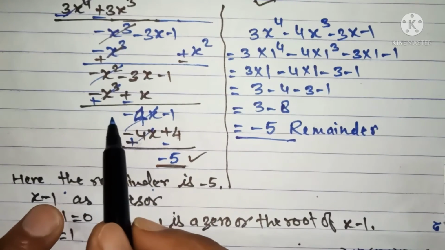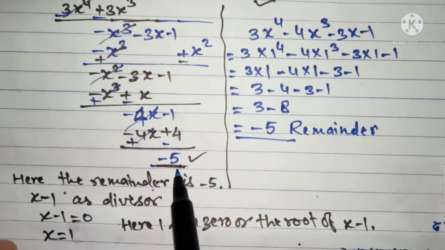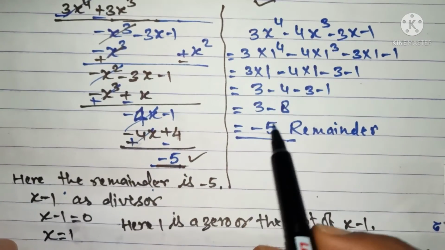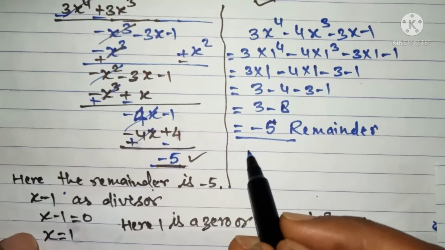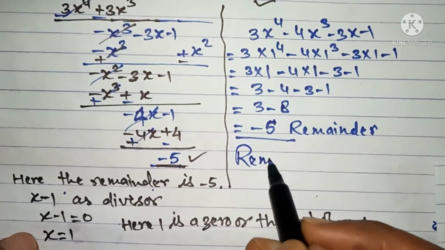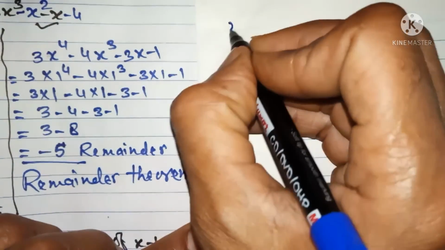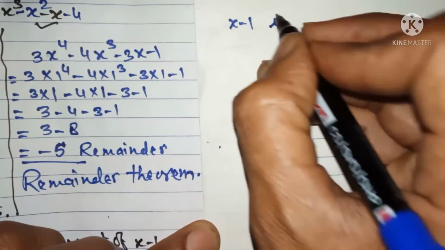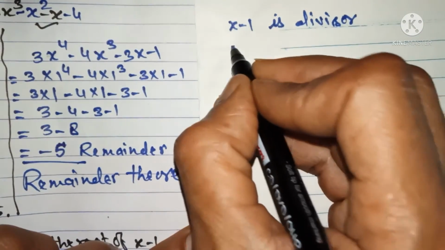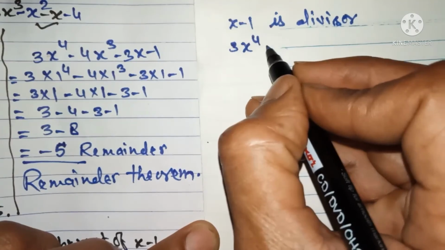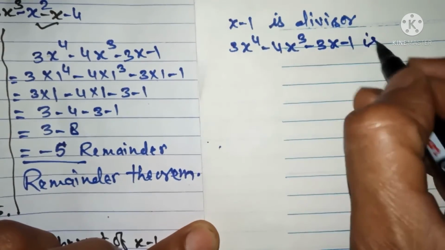In the long division method, we have seen that minus 5 is the remainder, and here we have the answer as minus 5. This will give the base for our remainder theorem. You have noticed that x minus 1 is the divisor and 3x to the power 4 minus 4x to the power 3 minus 3x minus 1 is the dividend.